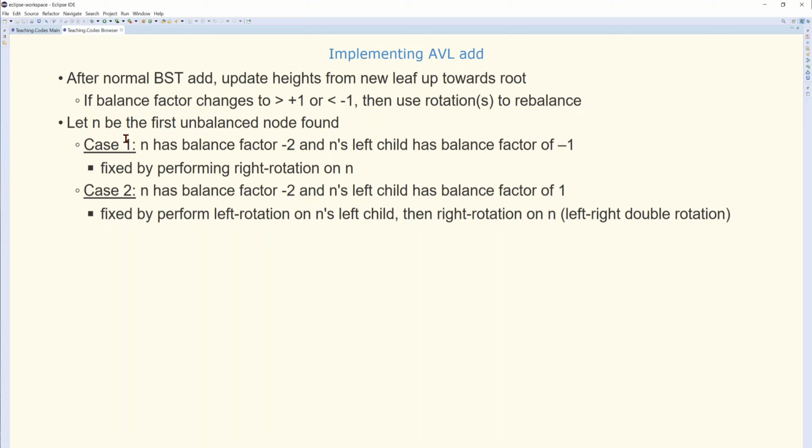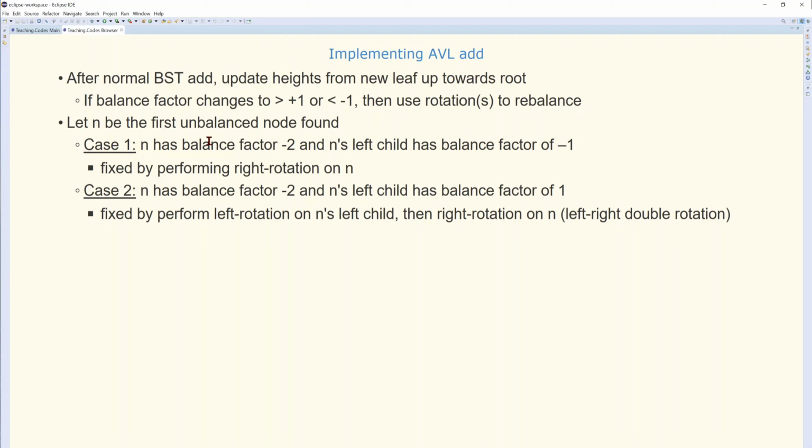For the case of case 1, a node n that has balance factor of -2 and its left child has a balance factor of -1. If this happens, that means it's case 1. So once again, when you see a node, you always start from the bottom where the node was inserted and you try to go up.